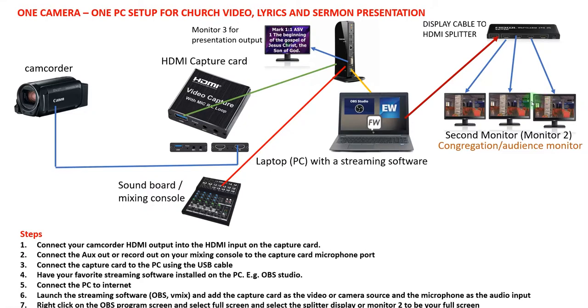So the three monitors have the same output because of the HDMI splitter. You can check my other video for the difference between the HDMI splitter and the docking station. The three screens are mounted in my church auditorium, so whatever is displayed here is what my congregation sees.